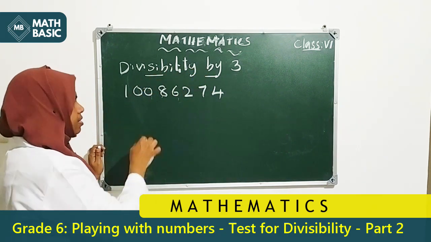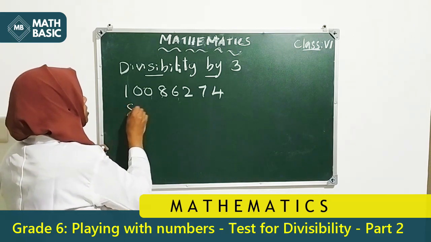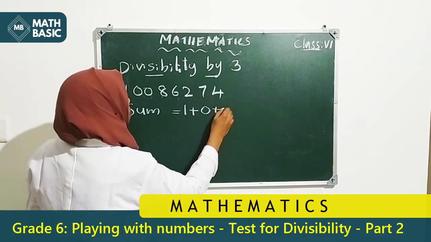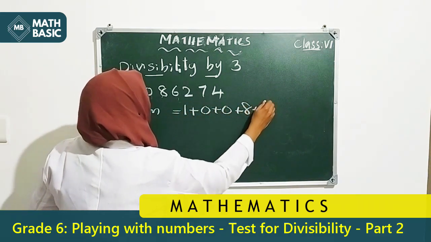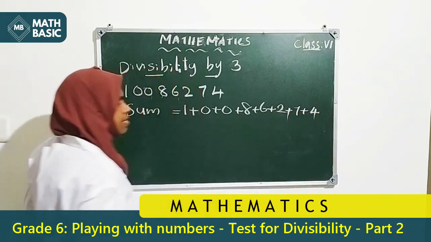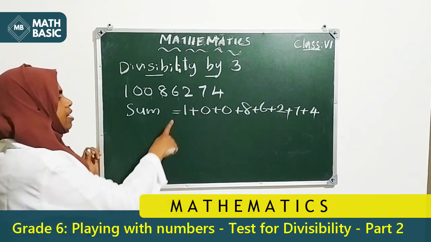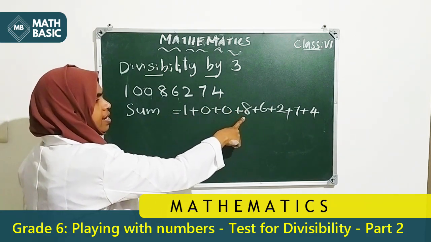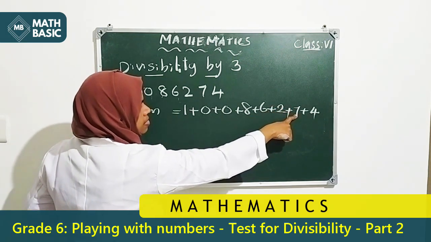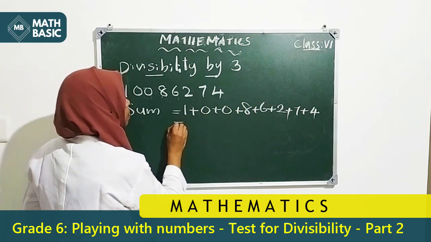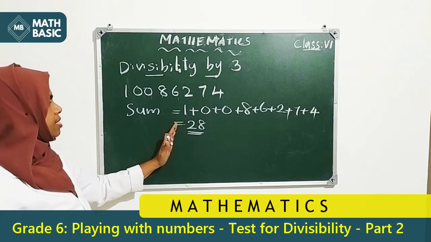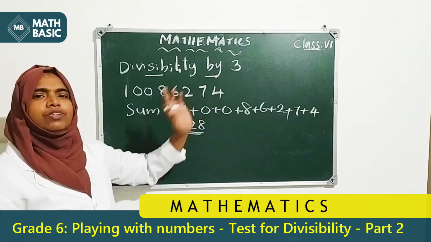We have seen that we take the sum of the digits, which equals 1 plus 0 plus 0 plus 8 plus 6 plus 2 plus 7 plus 4. Just add these digits. 1 plus 8 is 9, 15, 17, 24, 28. This sum is 28. Check whether the sum is divisible by 3 or not.